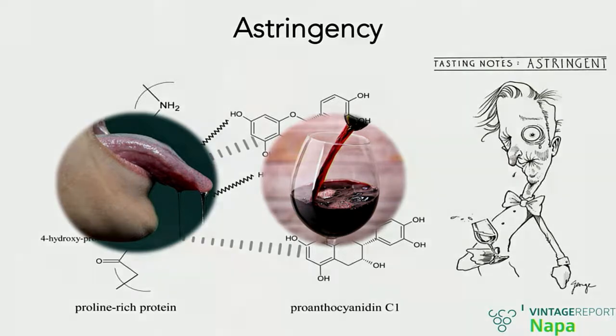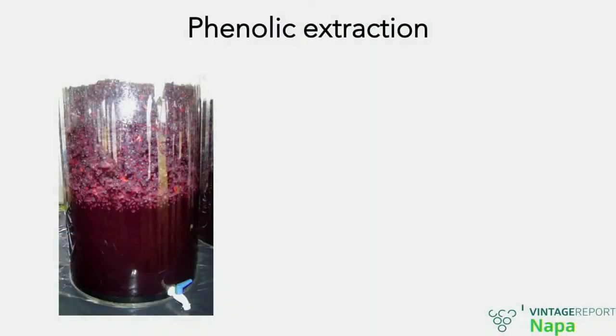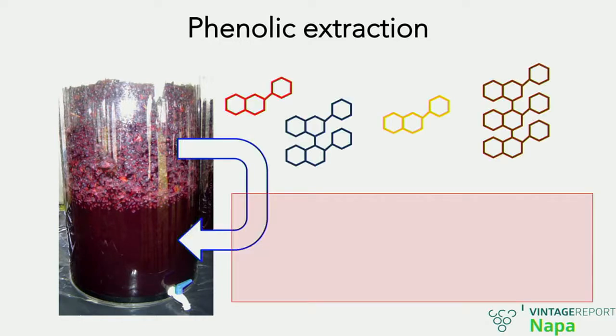Okay? Now, this is what we have on the grapes. You should be aware that as soon as we crush the grapes and we disrupt these vacuoles, everything becomes what chemists call a chemical train wreck. Things change a lot, and the chemical complexity increases, but also the sensory complexity increases.